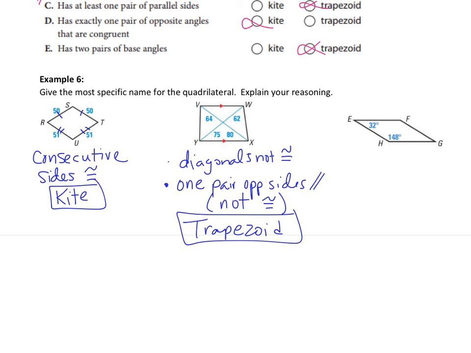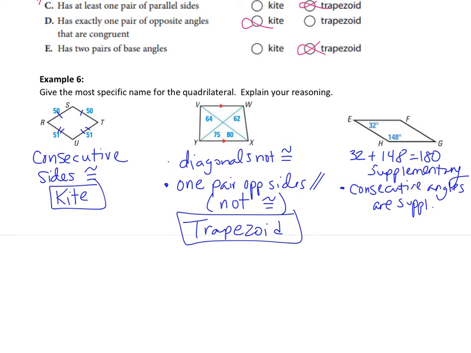Lastly, we have 2 angles that we are given, and we notice they're not congruent to each other, but if we add them together, they equal 180 degrees. That tells us that those angles are supplementary to each other, and those 2 angles are consecutive angles. Because those 2 angles are supplementary to each other, that tells us that the 2 lines that are creating those 2 angles are going to be parallel to each other.